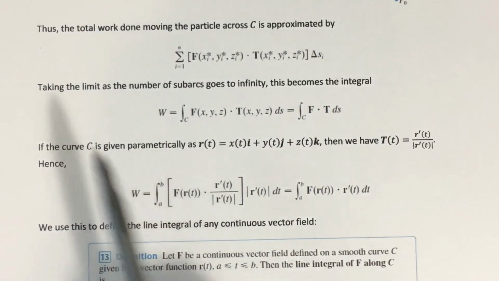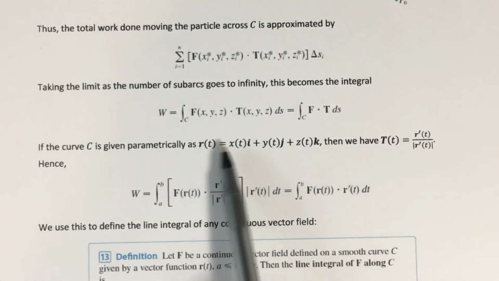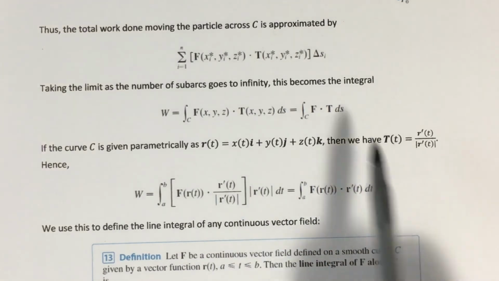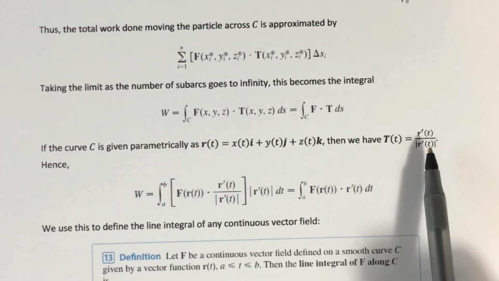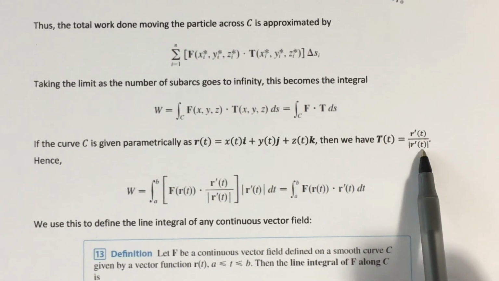If the curve C has this parametrization, r of t equals this, we know from the work that we did back in chapter 13 that the unit tangent vector is really r prime over its magnitude.